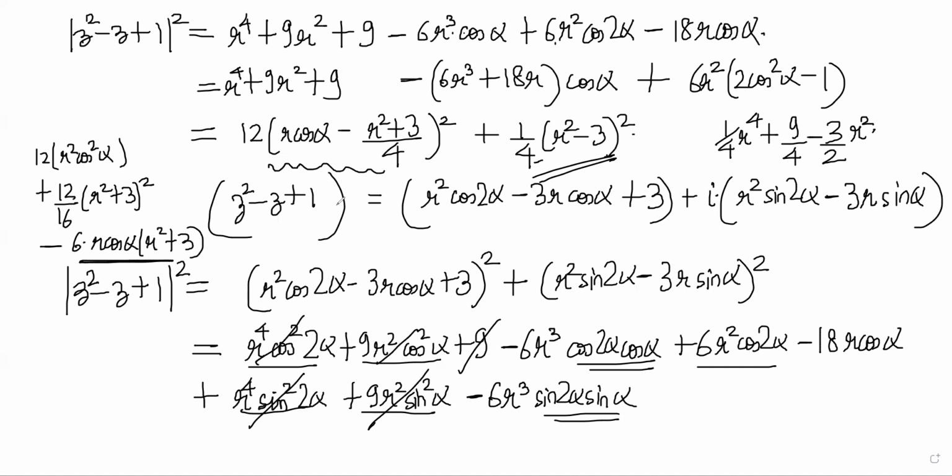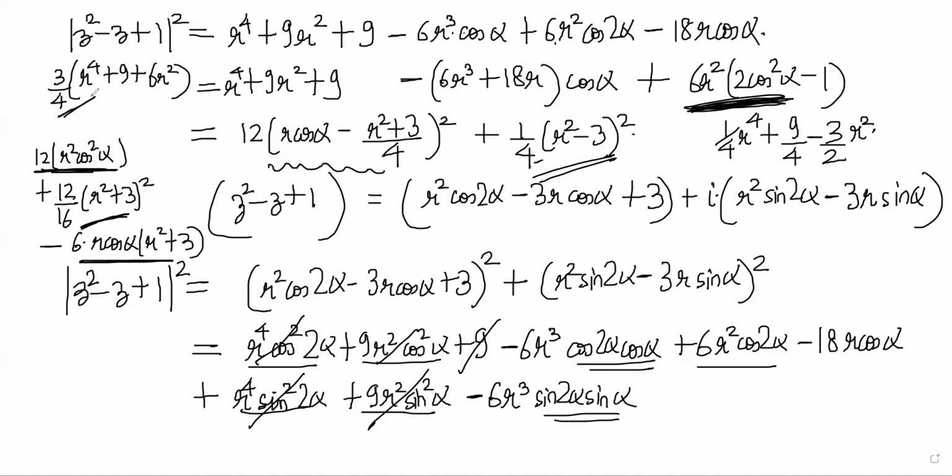And what you will get from here, 12 r square cos square alpha is present here. Notice this term is 12 r square cos square alpha, right? And if you simplify this, you will get r power 4 plus 9 plus 6 r square multiplied by 3 by 4.